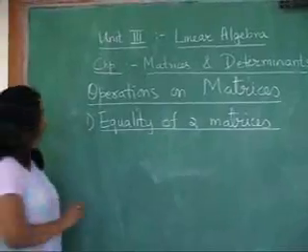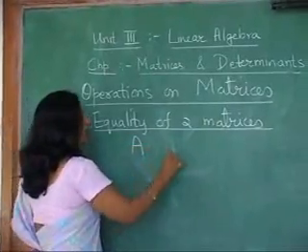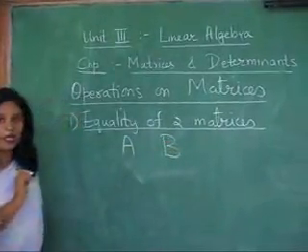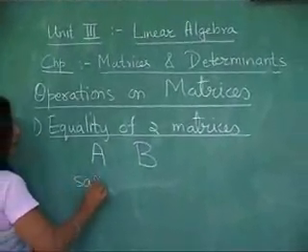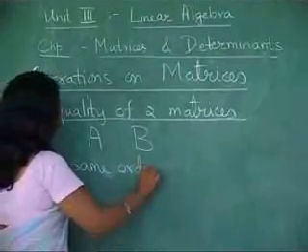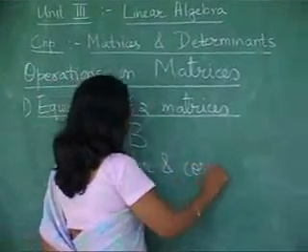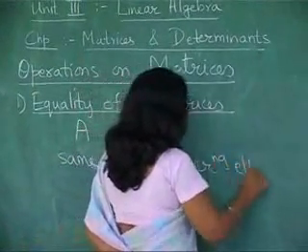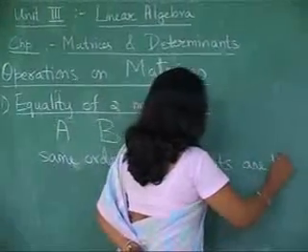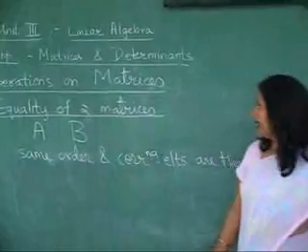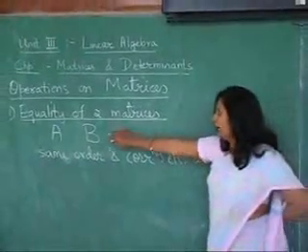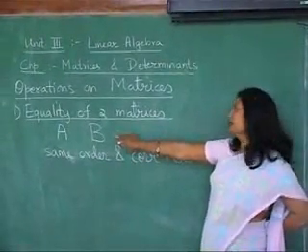We say that two matrices A and B are equal if and only if they have the same order and corresponding elements of the two matrices are the same. So two matrices A and B will be said to be equal if they satisfy two conditions.